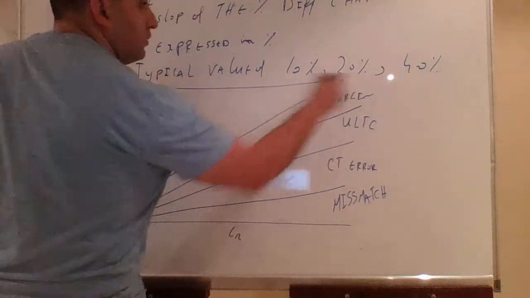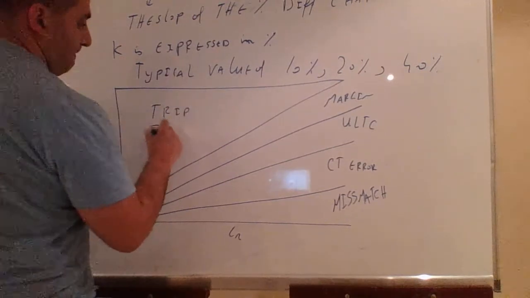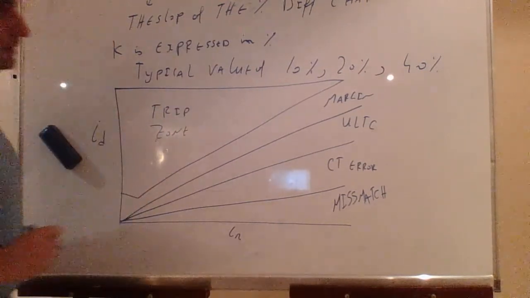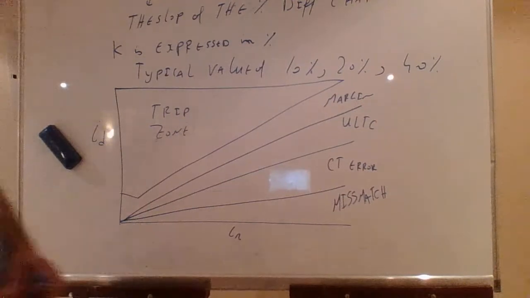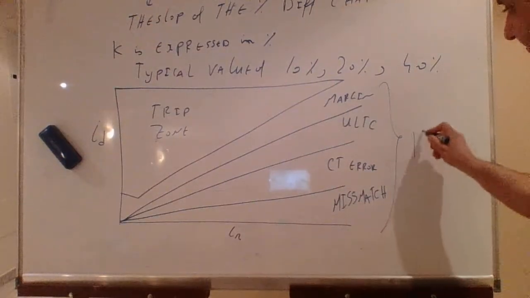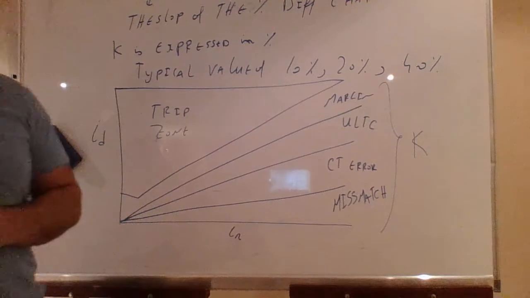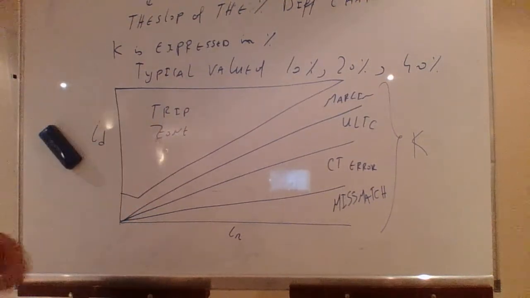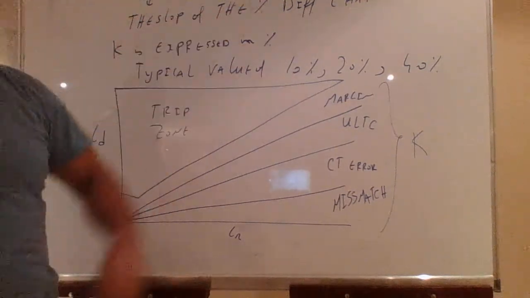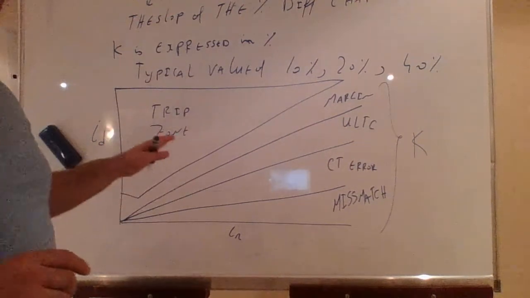This will be your trip zone. So K is defined by this. That's what defines the slope, the percentage slope of the differential characteristic. I hope that's clear.